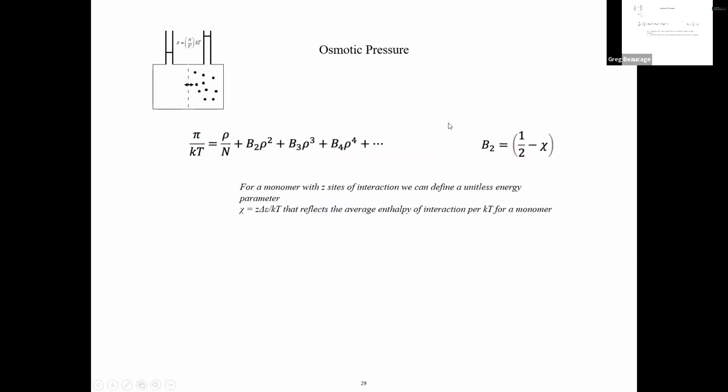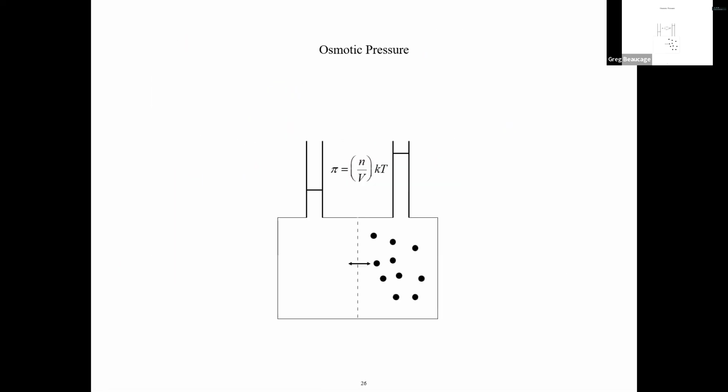So the osmotic pressure, this idea that you have, say you have solvent, so you have like toluene and then polystyrene in toluene, or this could be like salt and fresh water, right? So it can be any kind of colloid. And then these things, the black beads, want to reach equilibrium, like they want to have constant concentration across this, but the membrane doesn't let the black beads pass through, right?